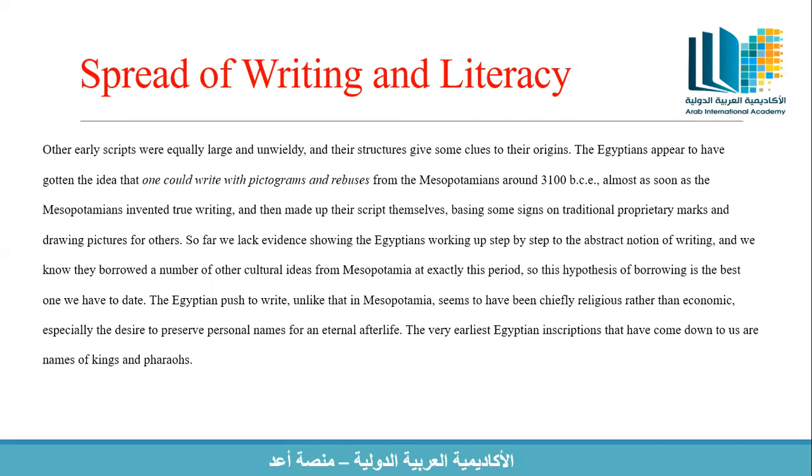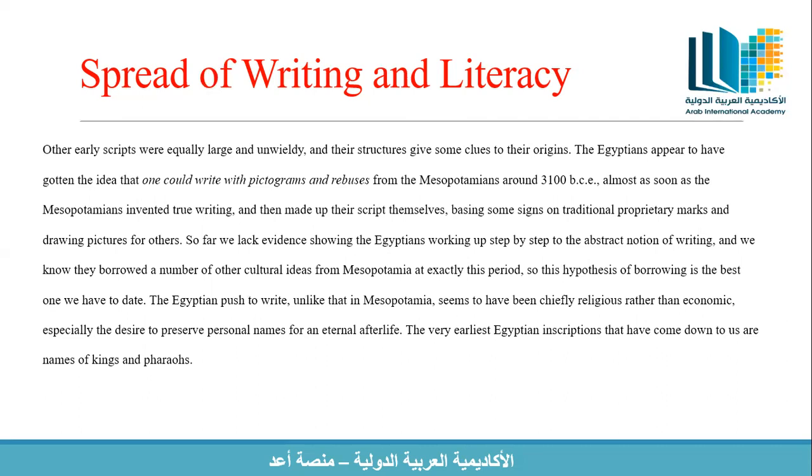So far, we lack evidence showing the Egyptians walking up step by step to the abstract notion of writing. And we know they borrowed a number of other cultural ideas from Mesopotamia at exactly this period. So this hypothesis of borrowing is the best one we have to date.